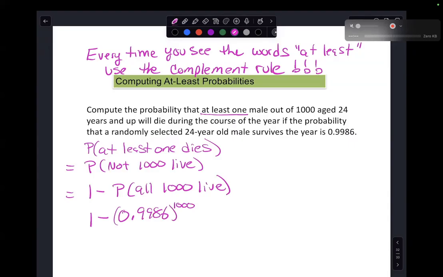Because 0.9986 to the 1,000th power is the probability that all 1,000 live. So I need to do 1 minus that. So put that in your calculator: 1 minus 0.9986 caret. Let's hope I actually put it in my calculator correctly this time and didn't typo.